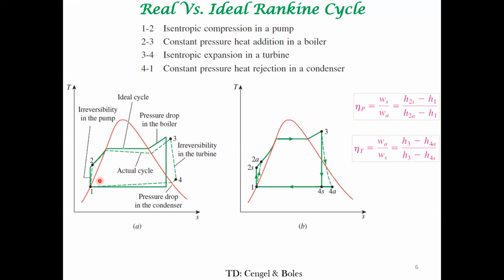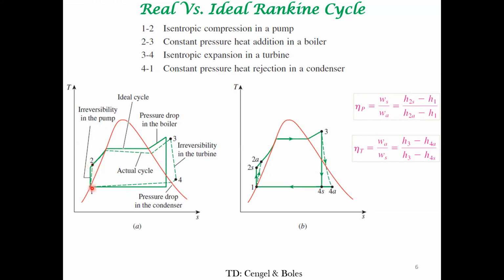So in this stage 1, 2, you can define the isentropic efficiencies. You assume the same state point at the beginning, but the ideal state point is H2S, and the actual enthalpy is H2A. Okay, so this is this point, right?